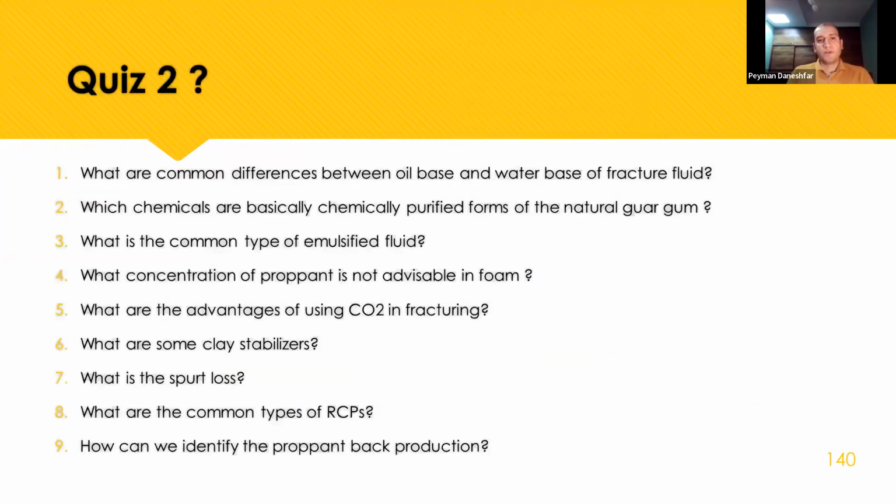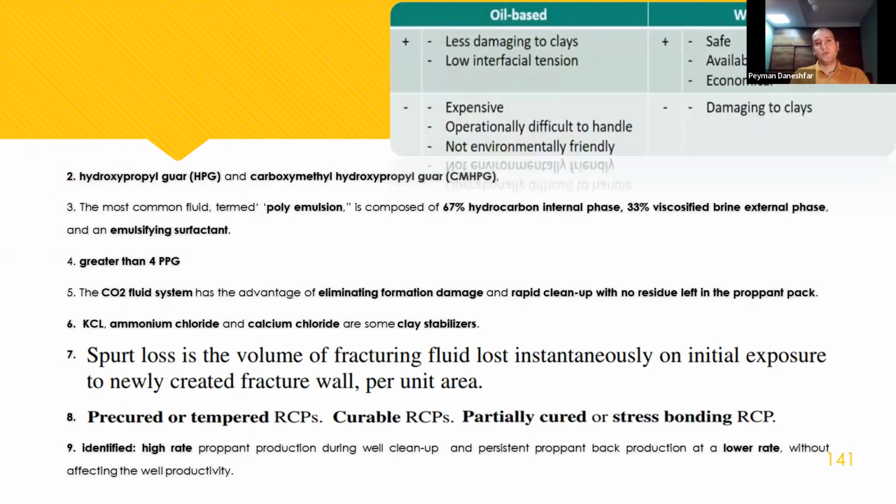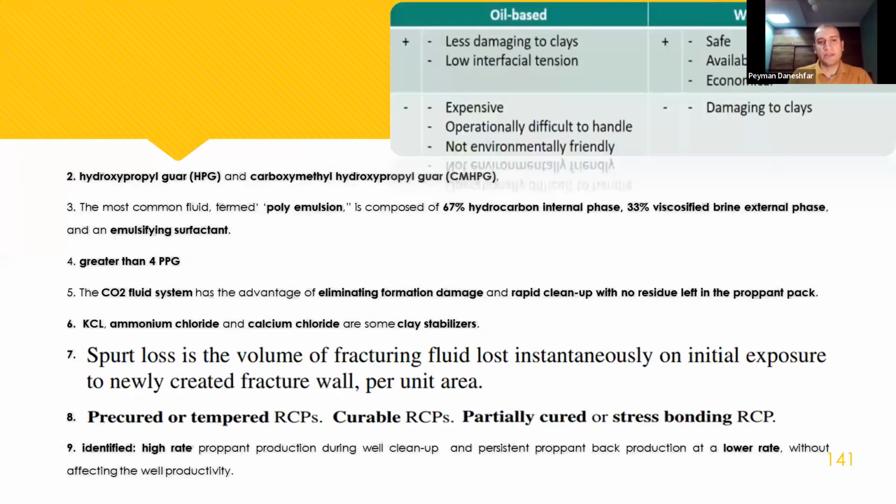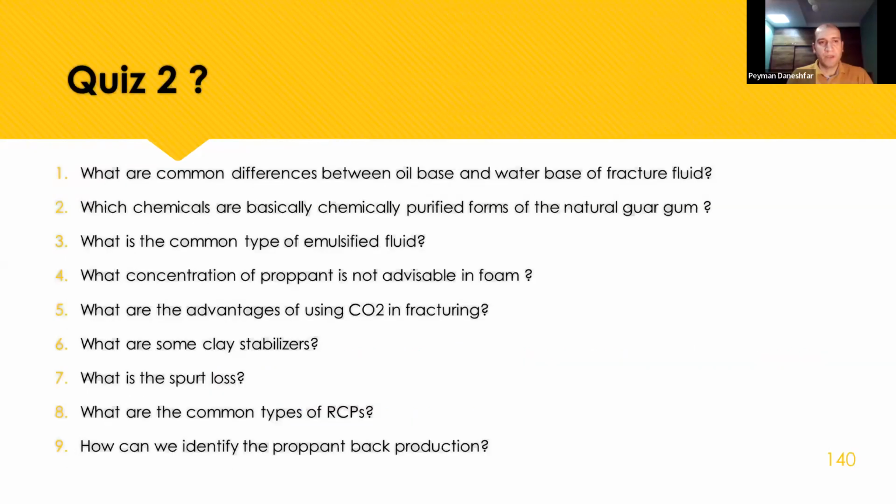What is the common type of emulsified acid? It's a polyemulsion that is 67% hydrocarbon internal phase and 33% viscosified brine external phase. And what concentration of Proppant is not advisable in a foam? Greater than 4 ppg.